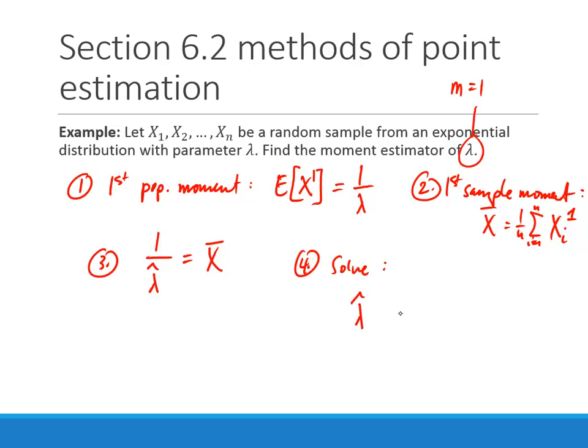So lambda hat equals 1 over x bar. So this lambda hat, 1 over the sample mean, is my method of moments estimator.